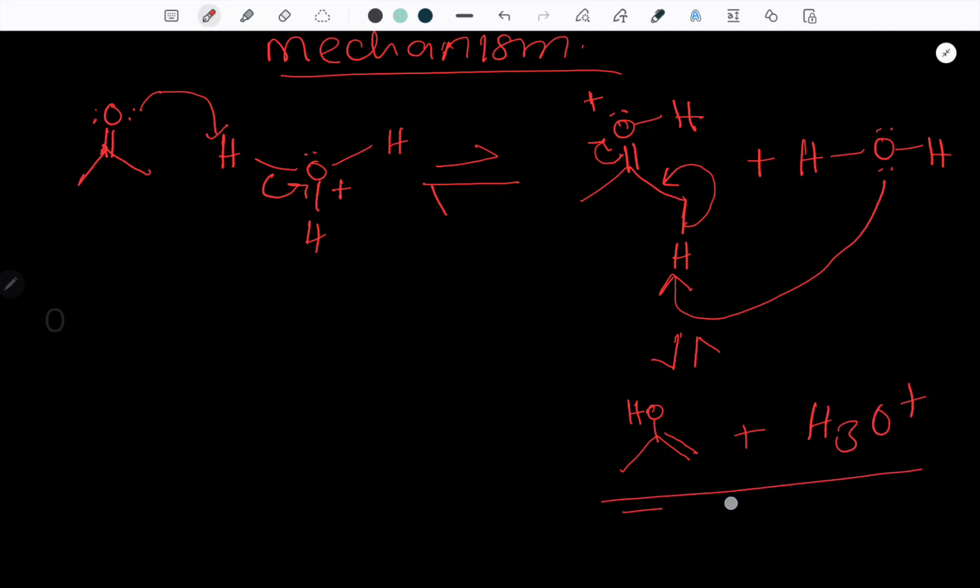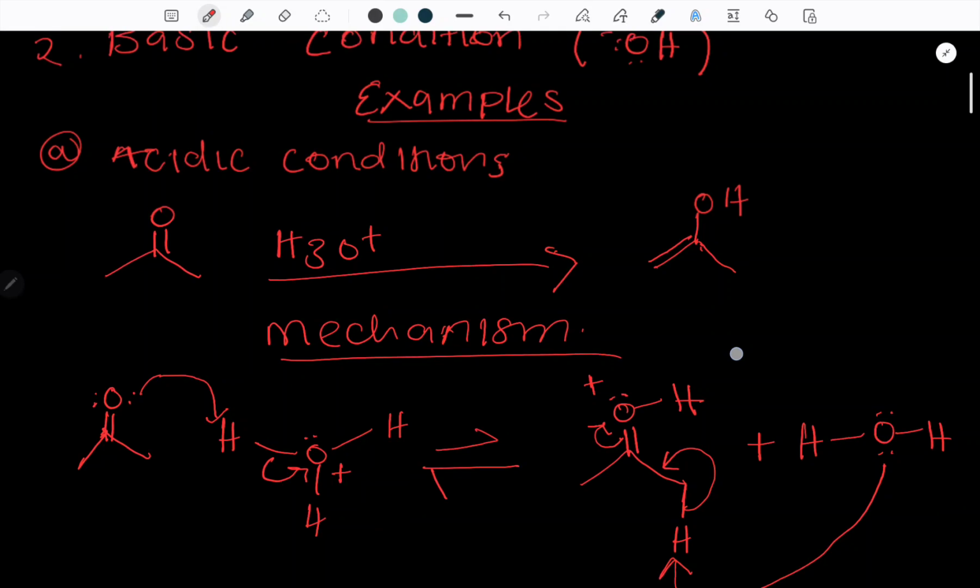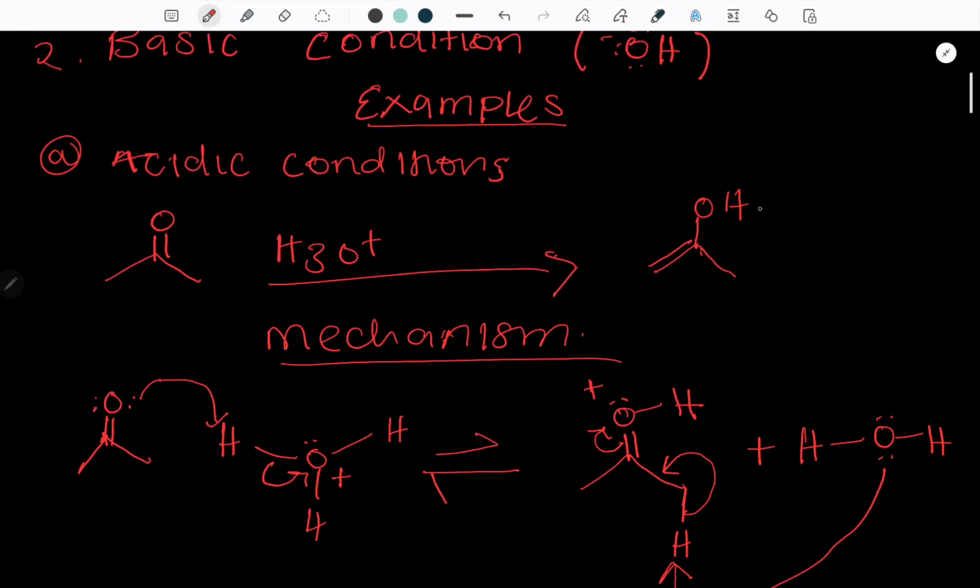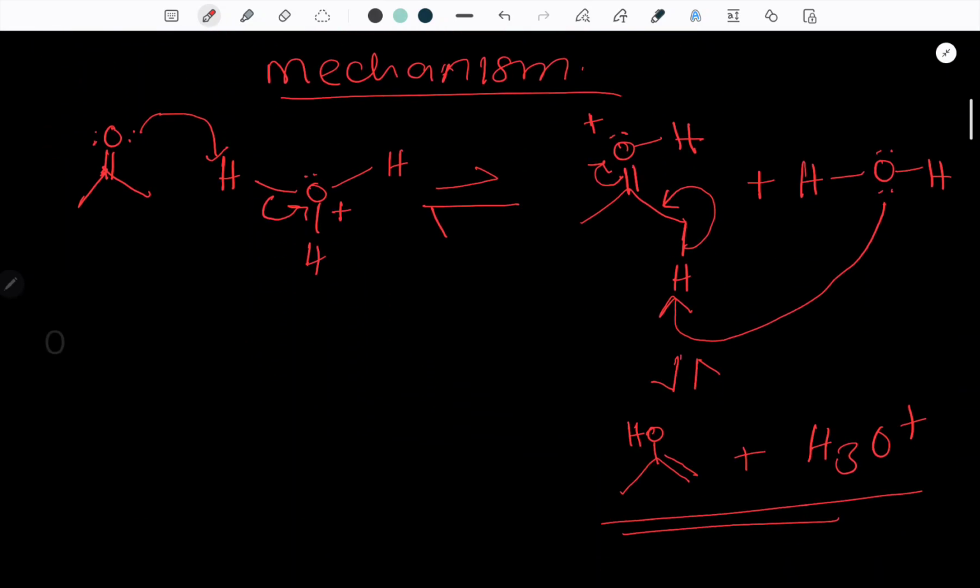This is the final answer. Now this product is an enol, this is an acid. Let us see this product. It is the same as this one, regardless of the position of the double bond. That bond can be here or there. It's just one and the same.